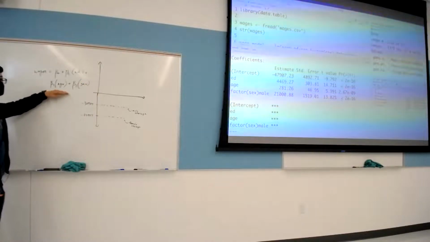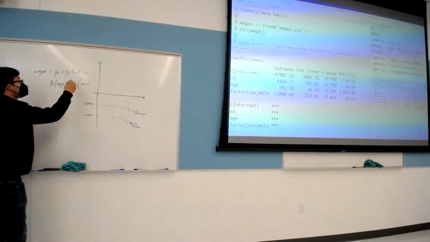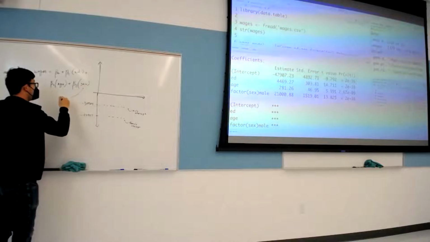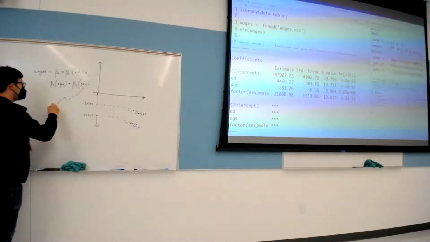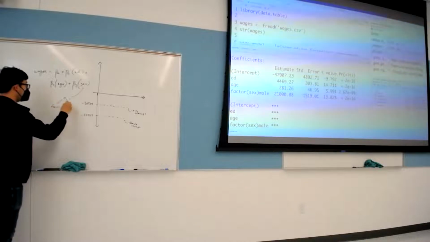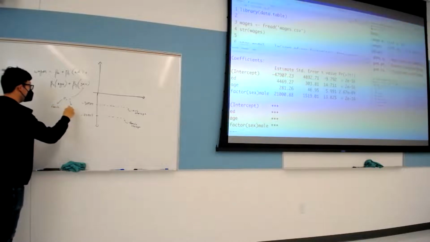Okay, so let's see what's happening here. So this value can just be a 0 or a 1. If it's 0, this is female. And if it's 1, it's male.